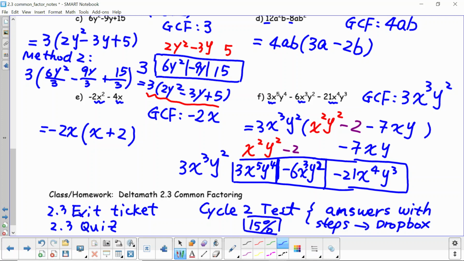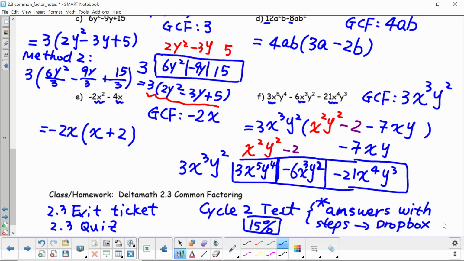Okay, so make sure you hand them in. And this part, answers with steps, is not marked by correct or wrong for the 15% marks. And also, if you hand in your answers with steps, if your final answer is wrong on Third Math, I will look through your answers and see if any partial marks you could get. So hand in, this is compulsory, answers with steps, put in the Dropbox.